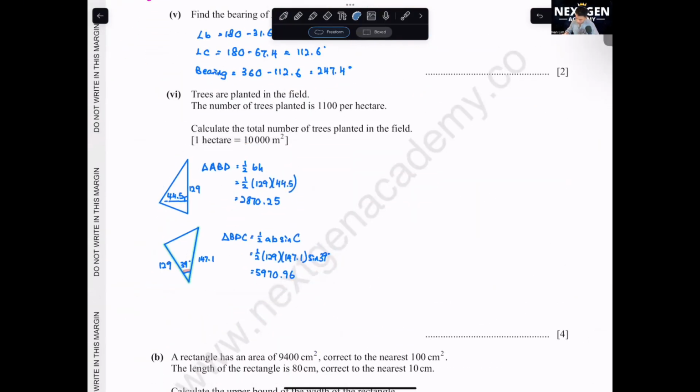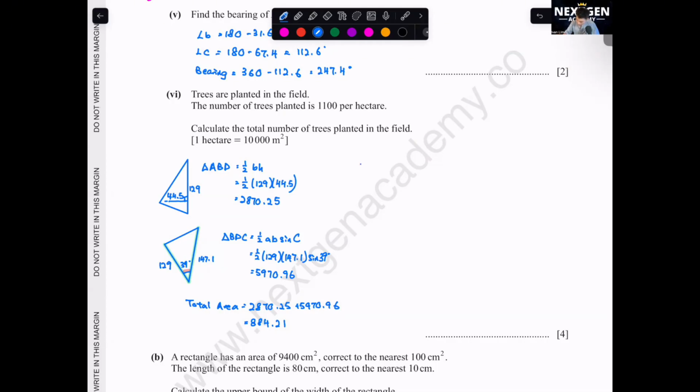Okay. Total area, add it up, 2870.25 plus 5970.96. Okay, we'll get 8841.21. Okay, 8841.21. Okay, then from here, the total area, you're going to change it to hectare.